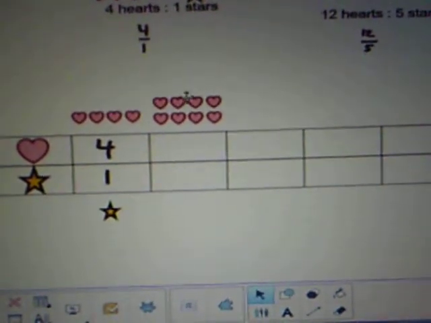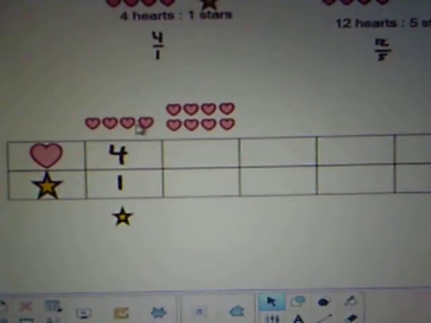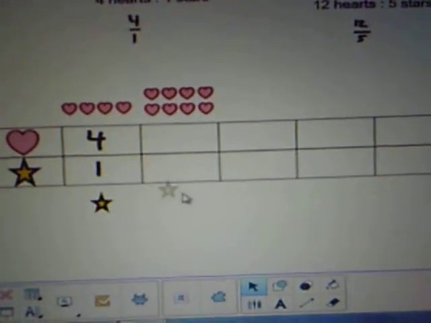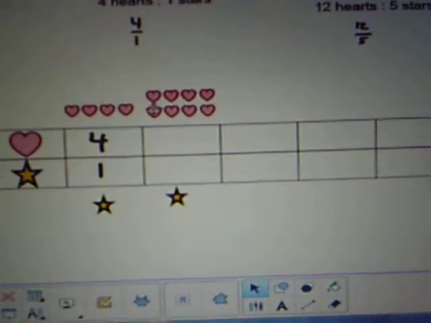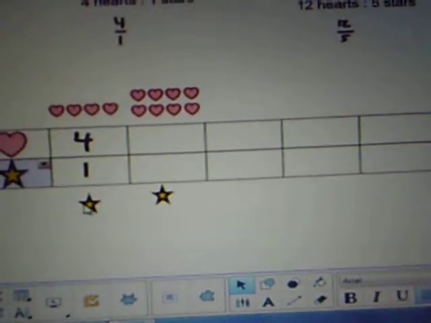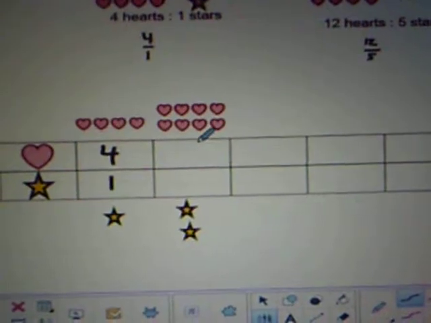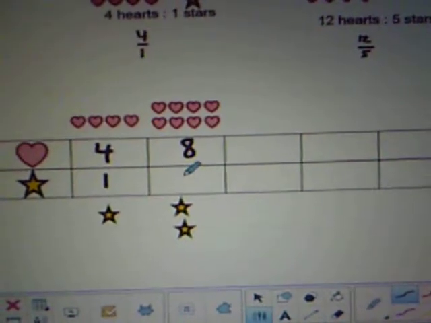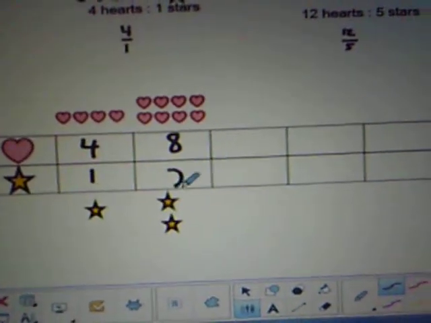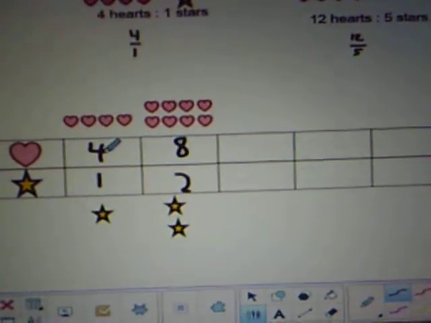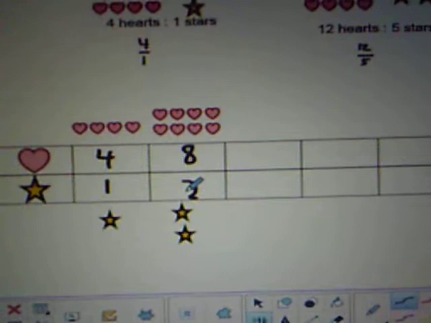If I added another 4, remember, each 4 in the hearts gets 1 star. So since I have 2 sets of 4 here, I need to have 2 stars. So I can say my next ratio is 8 hearts to 2 stars. So far, 4 to 1 and 8 to 2 are equal ratios.